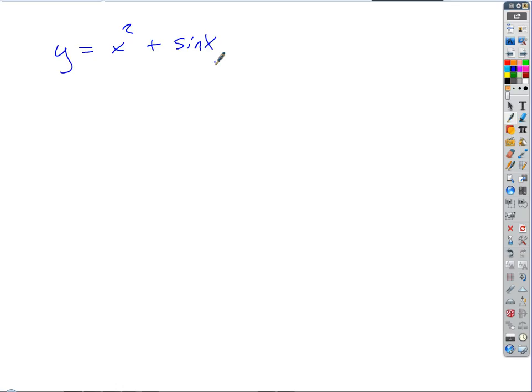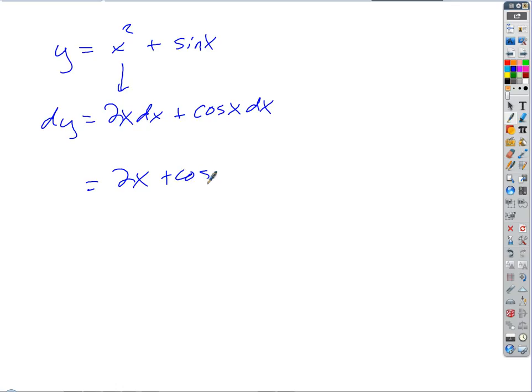On this side, we get dy. What do we get right there? We get 2x dx plus cosine x dx. So if we want to, we could write it as 2x plus cosine x dx. Right?